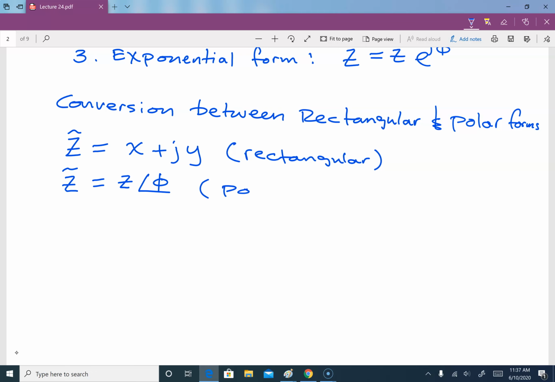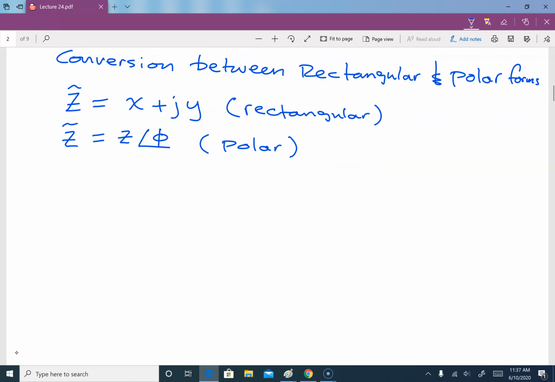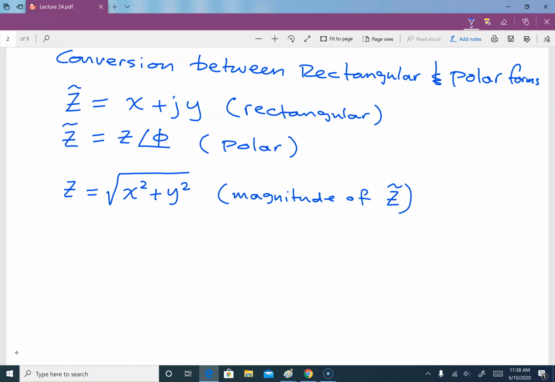Our magnitude z is equal to the square root of x squared plus y squared, called the magnitude of phasor z.